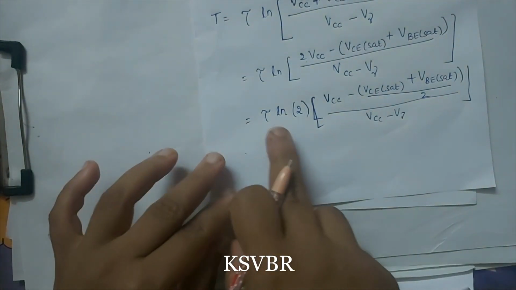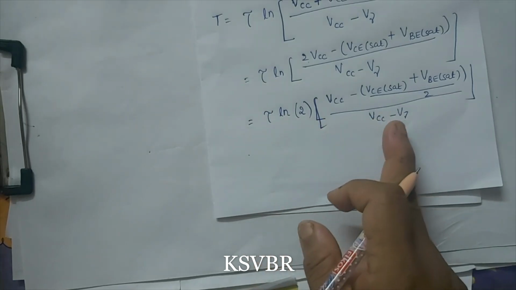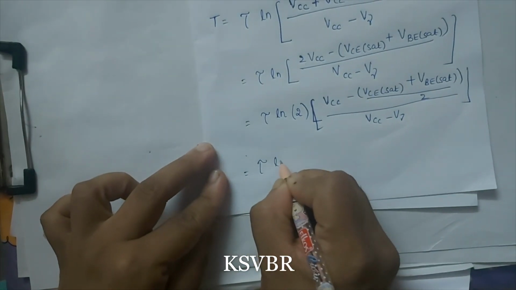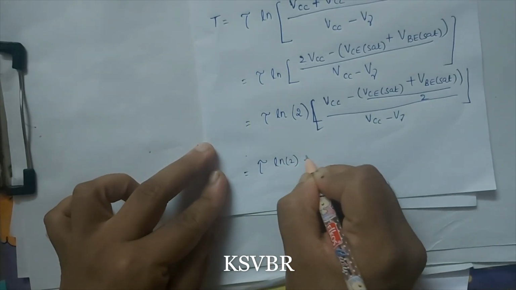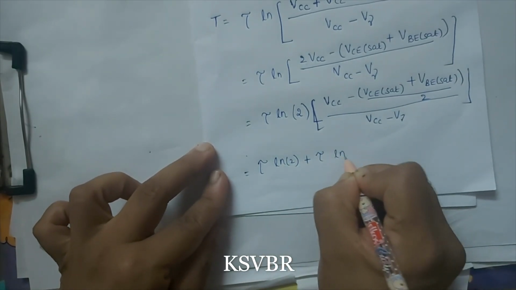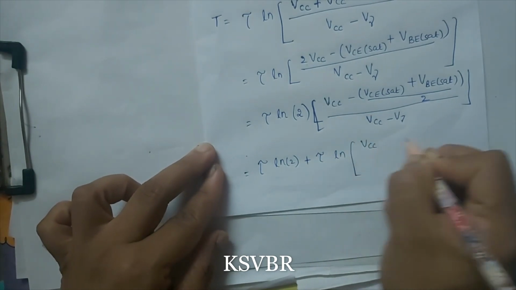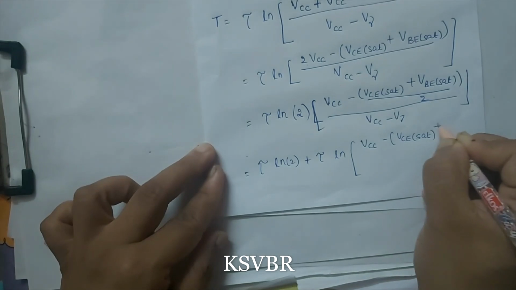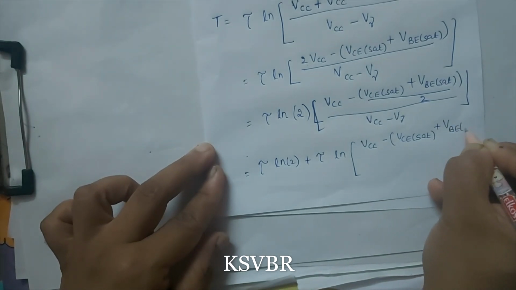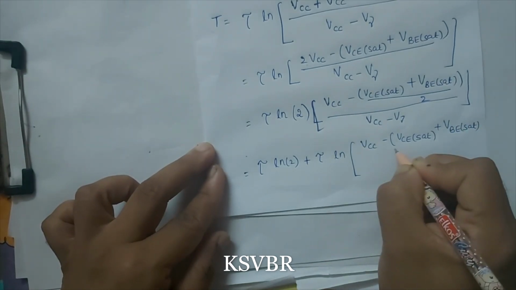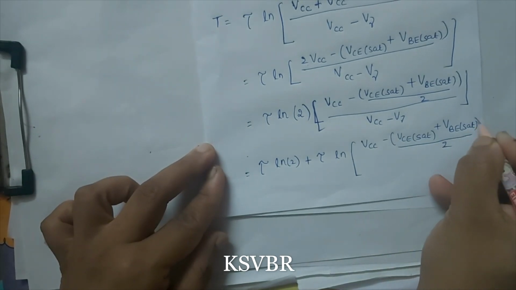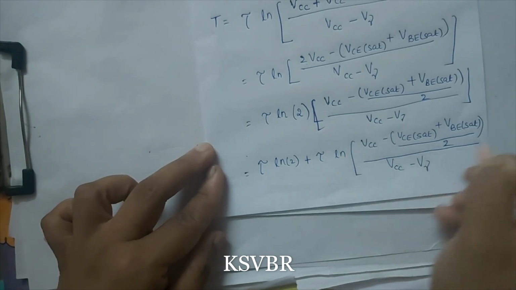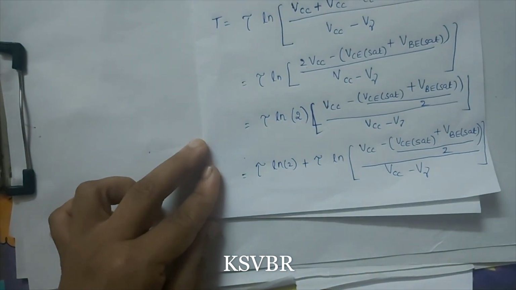Okay, so now this is ln of A into B. So we can write this as tau ln of 2 plus tau ln of VCC minus VCE saturation plus VBE saturation by 2, divided by VCC minus V gamma.